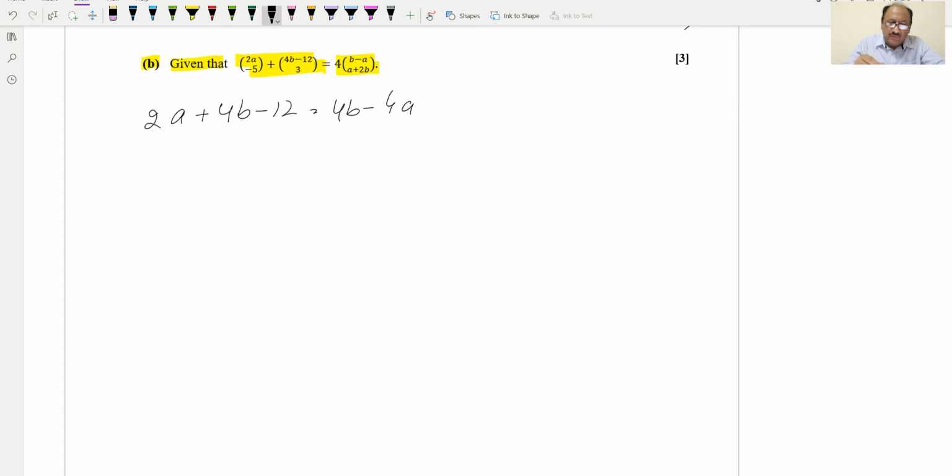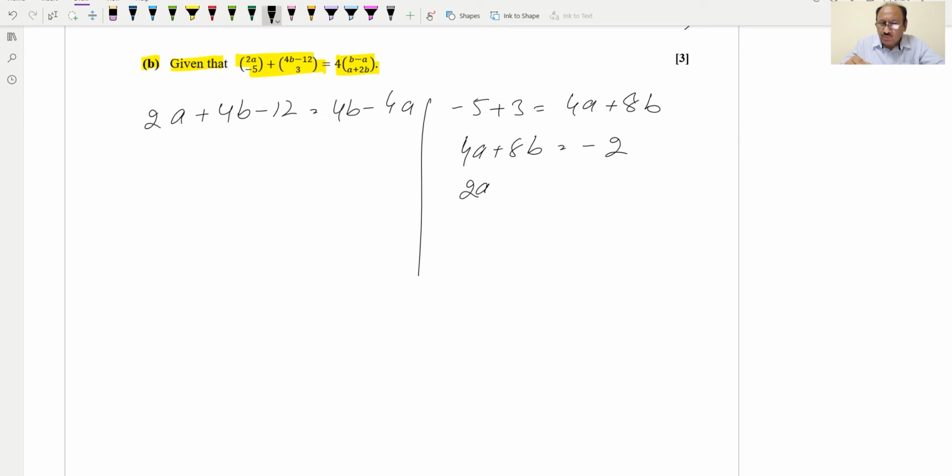This will be one equation, and the second equation which we can form is minus 5 plus 3 is equal to 4a plus 8b. Now we can rewrite this as 4a plus 8b is equal to minus 2, and further we can divide everything by 2, so 2a plus 4b is equal to minus 1.